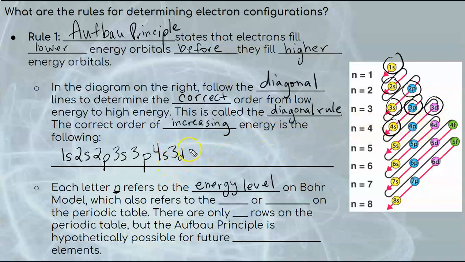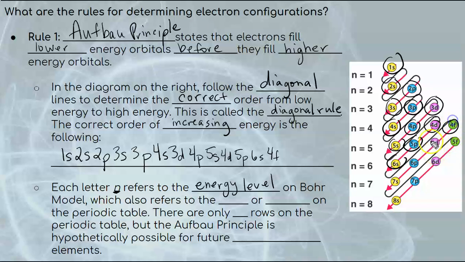Then let's keep following. It goes 4p, then 5s. So kind of see where the arrow's going. And then we jump to 4d. So 4d, 5p, 6s. And then from 6s, we jump all the way to 4f.